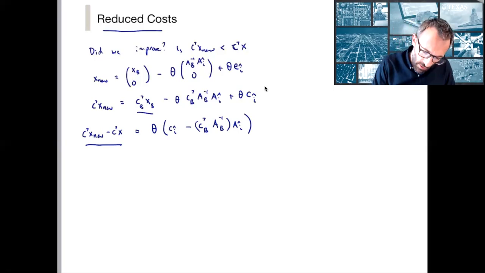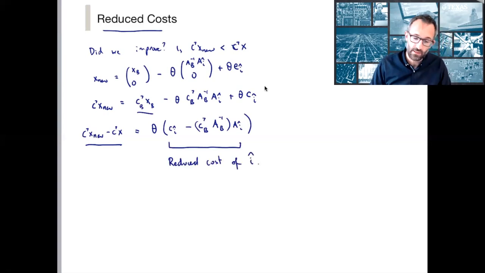So this is so important that we call it the reduced cost of i hat. So if i hat was not in the basis and you put it into the basis, what exits the basis, as we said, is completely determined by our calculations on the previous page. And how does the cost change? The cost changes by the reduced cost of i hat times however much you're going to move.